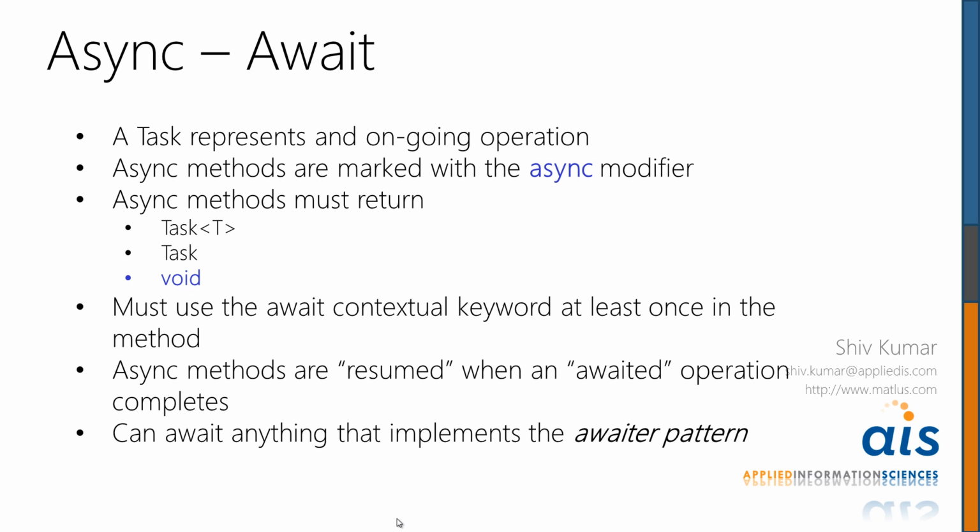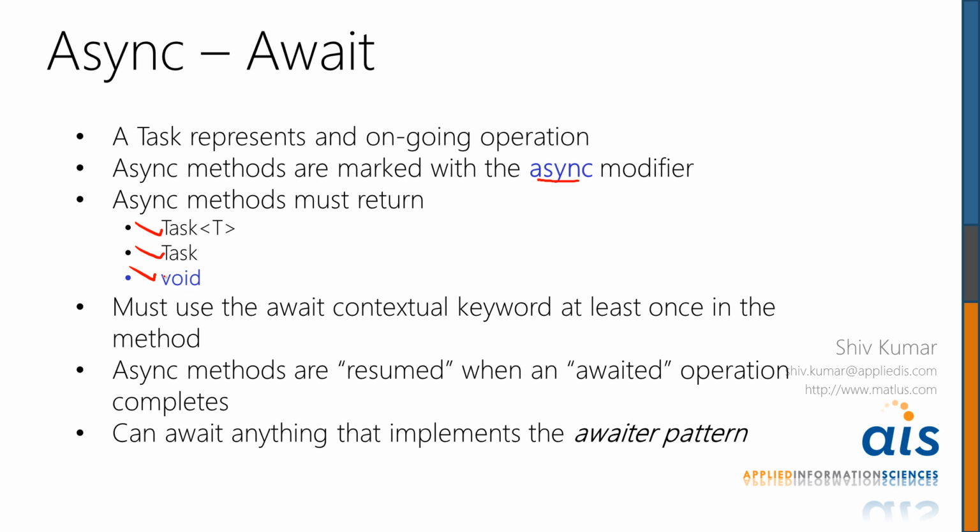Async methods need to be marked with the async modifier, as you're aware, something we've been doing all along. Async methods must return either a task of T or a task. The void return is allowed by the compiler.